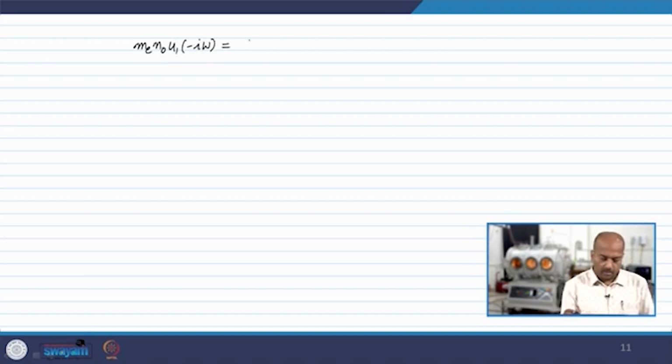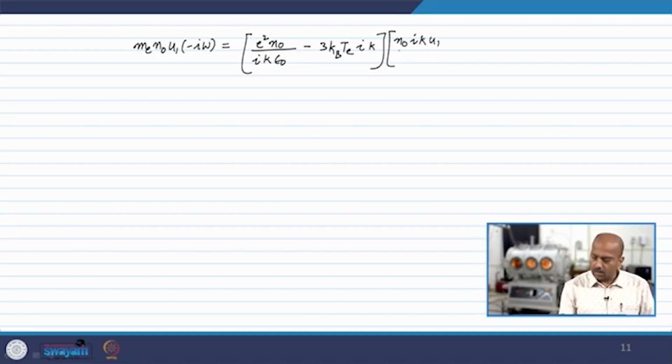Minus I omega is equal to e square n naught divided by I k epsilon naught minus 3 k_B T_e I k times n naught I k u1 divided by I omega.